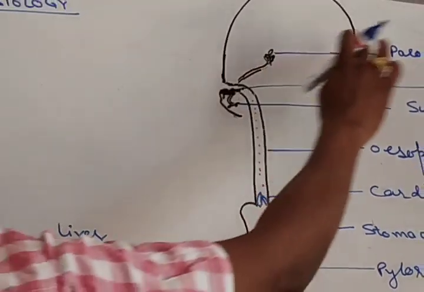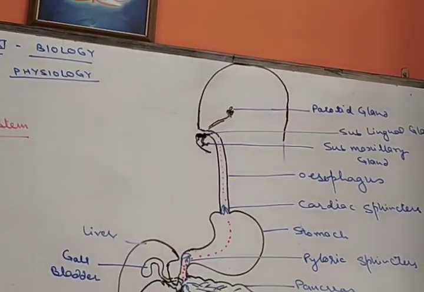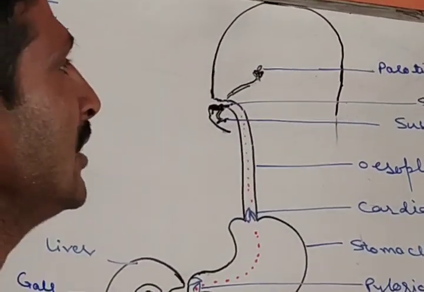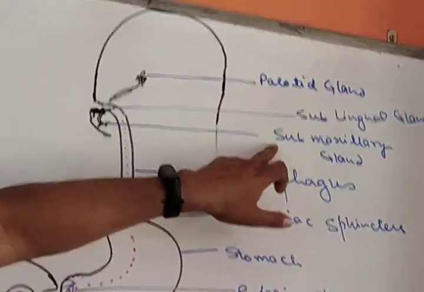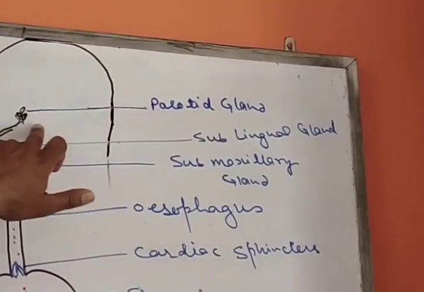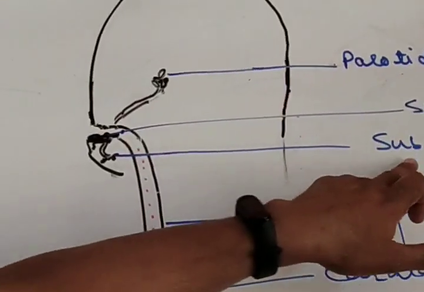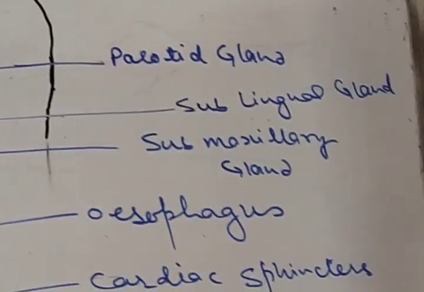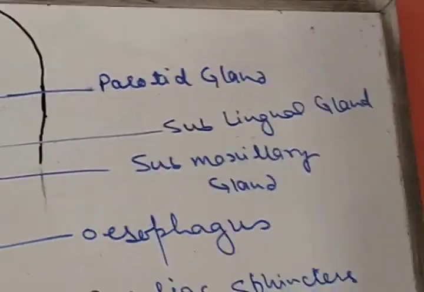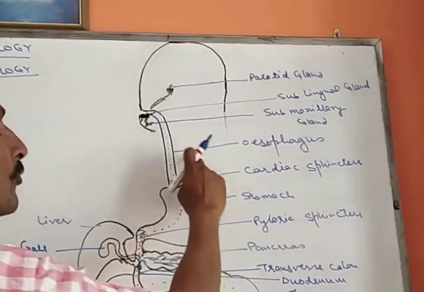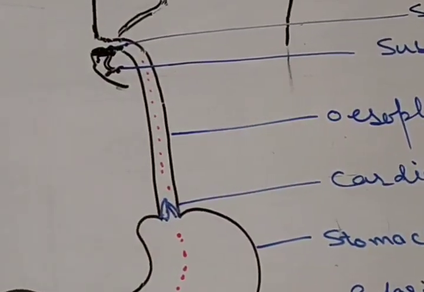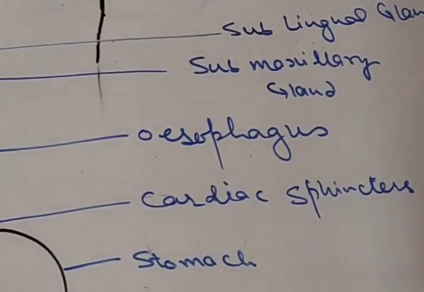As far as the glands are concerned in our oral cavity, there are three pairs of salivary glands, namely the parotid gland, sublingual gland and submaxillary gland, opening in our oral cavity. Immediately after that is the esophagus or food pipe, which opens into the stomach.